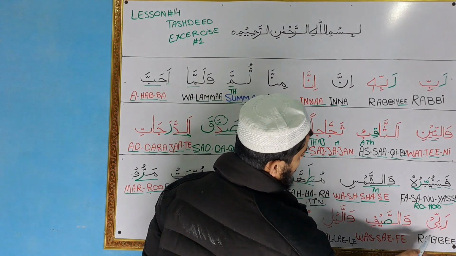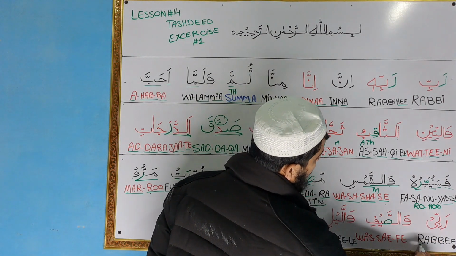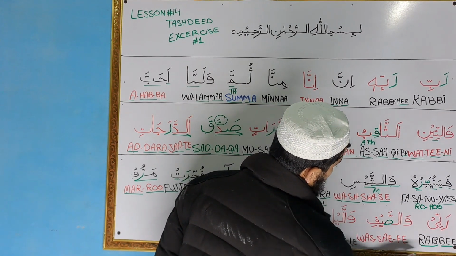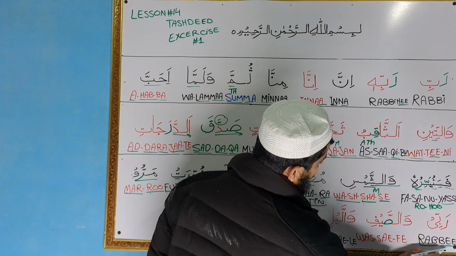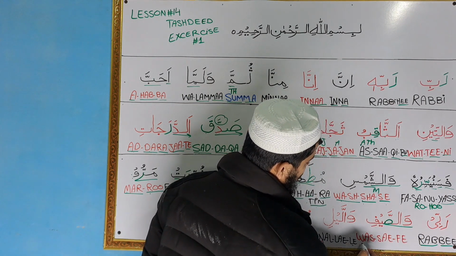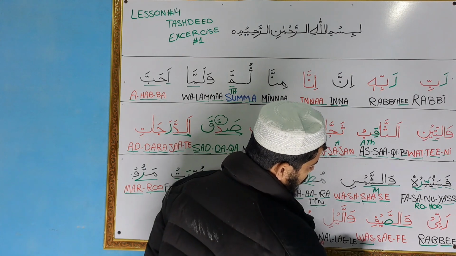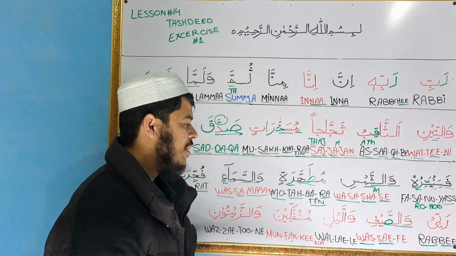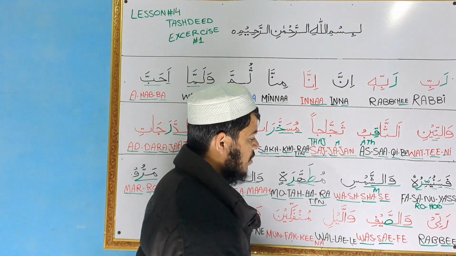Ra will be connected with ba. Ra, ba, fatha, rab. Ba, ya, kasra, bi. Rabbi. Waw goes to sad. Waw, sad, fatha, was. Sad, ya, fatha, soy. This is after fatha, ya with sukoon, it's a lean letter.